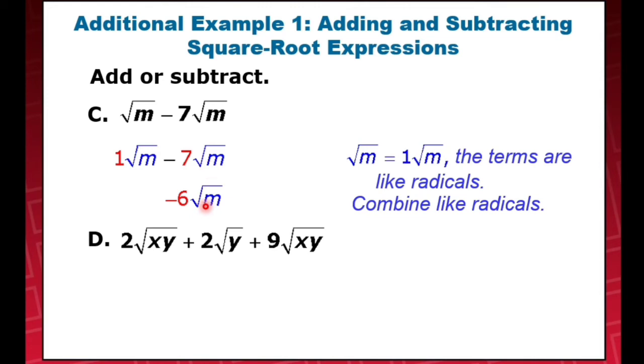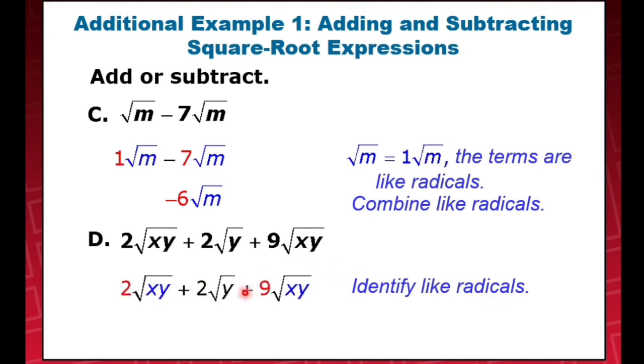Okay, so how about for letter D? 2 square root of xy plus 2 square root of y plus 9 square root of xy. Kung mapapansin natin dito, there are 3 terms. At yung 3 terms na yon, hindi lahat magkakaparehas. Hindi lahat sila ay like radicals. So in this case, we need to identify which of these terms are like radicals.